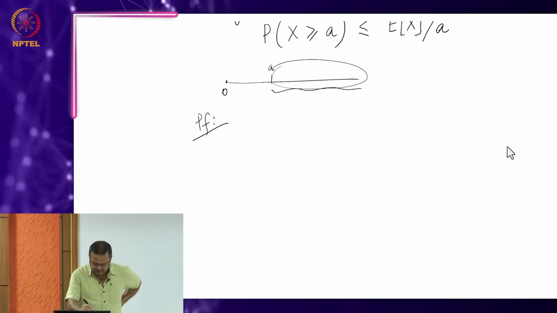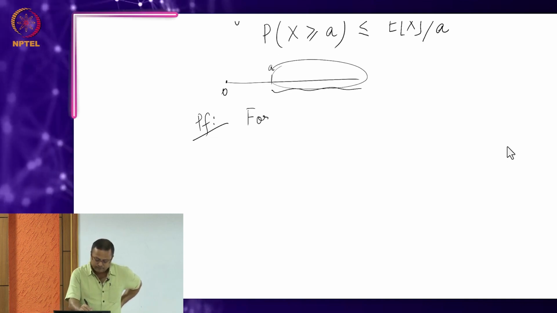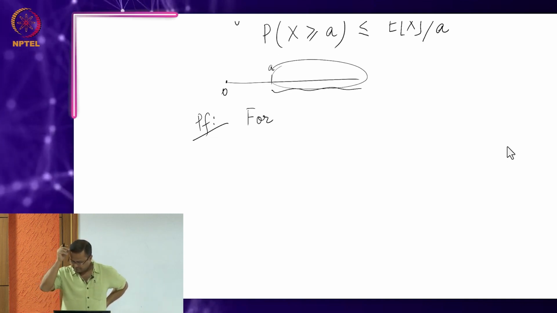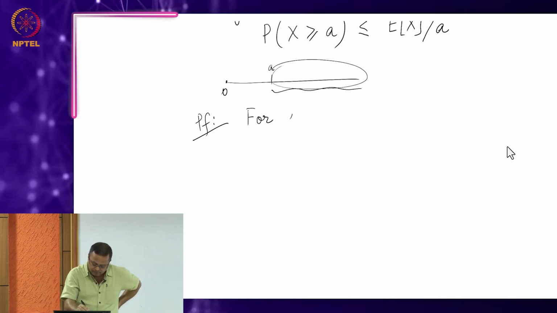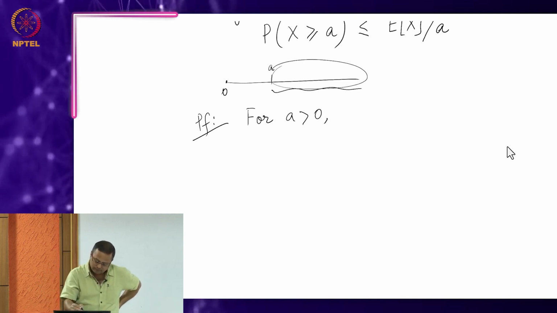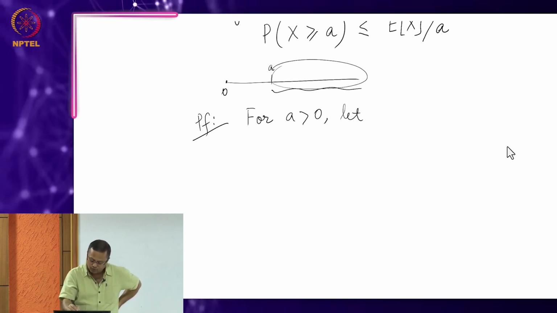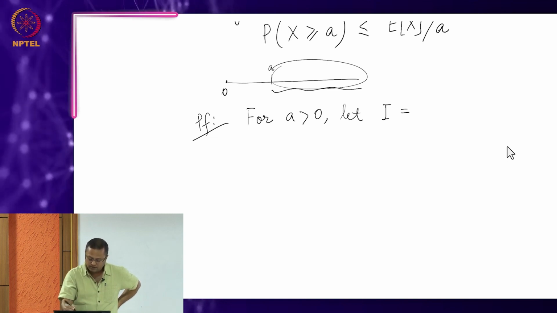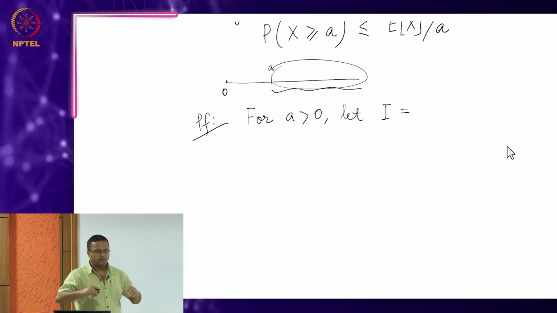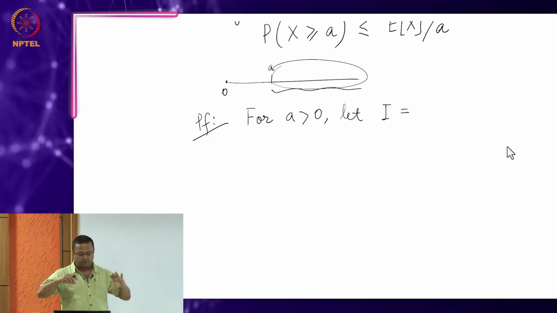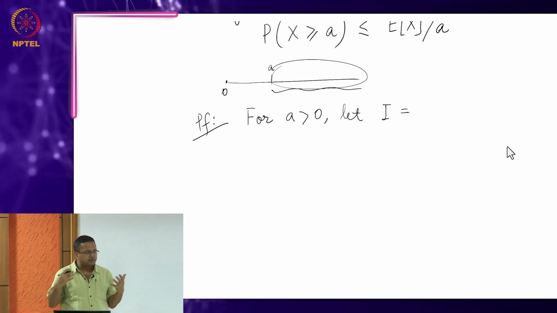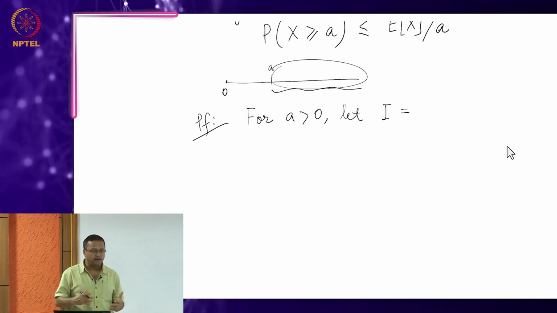Okay, so, this has a trick. What I do is, I will now bring in a 0 1 random variable, which is kind of more easy to handle.